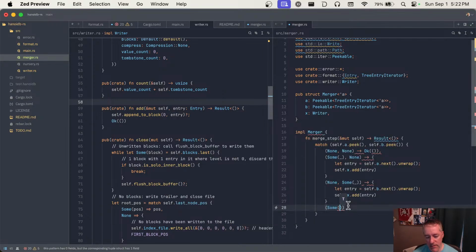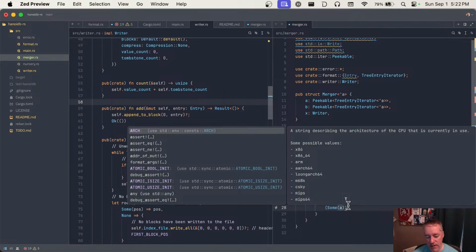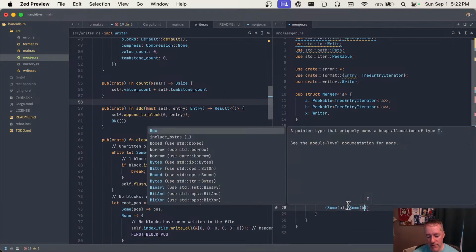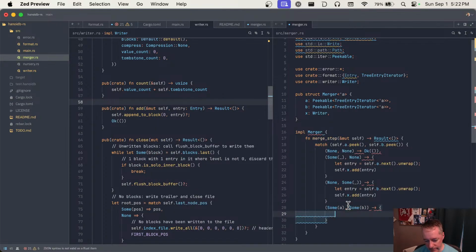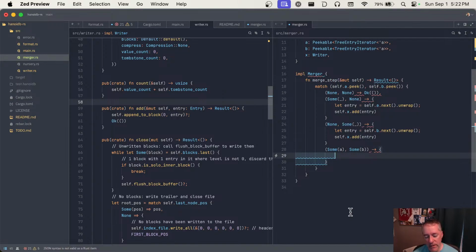If there is an A value and there is a B value, then what we need to do is if A.key is less than B.key. I don't know why that's being weird. Oh, I need fat arrows, not thin arrows.